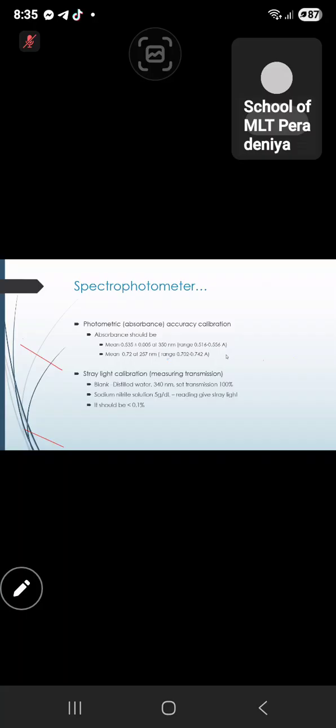If the solution blocks the light at 340 nanometer, then no light will reach the detector. If any light is detected by the detector, that is stray light. That should be less than 0.1%. I think you have understood.